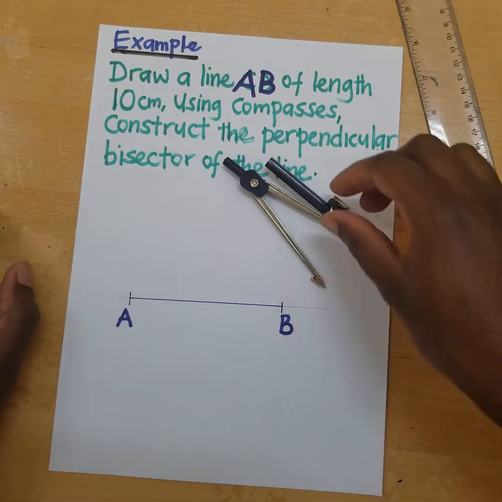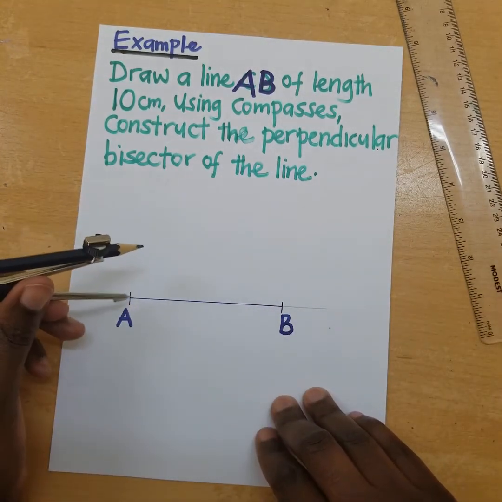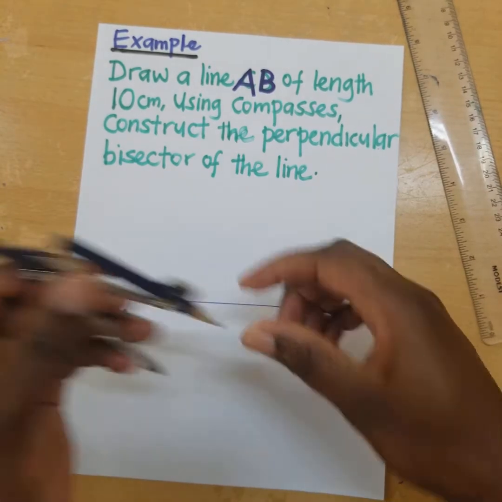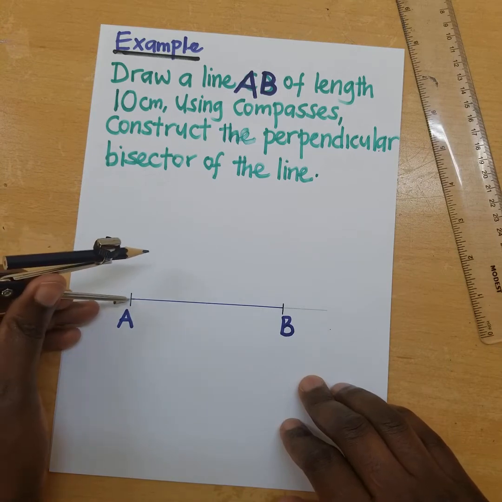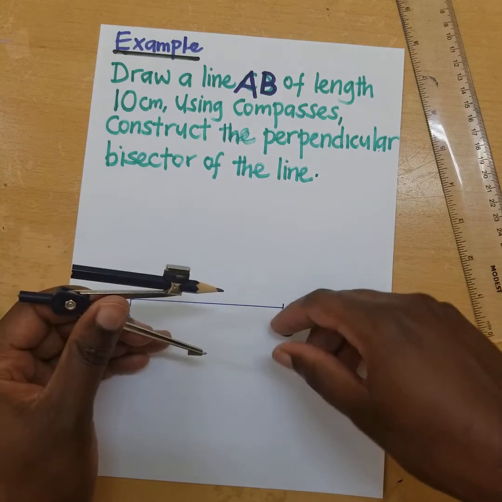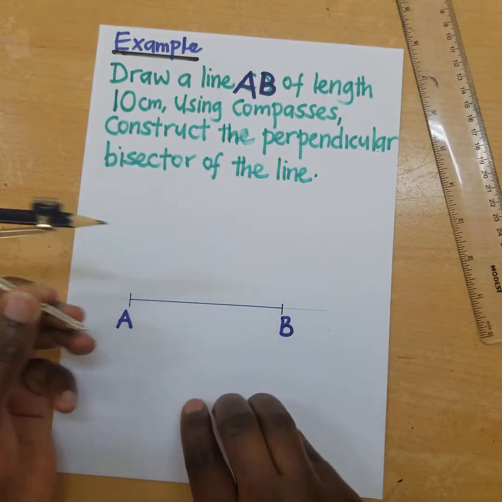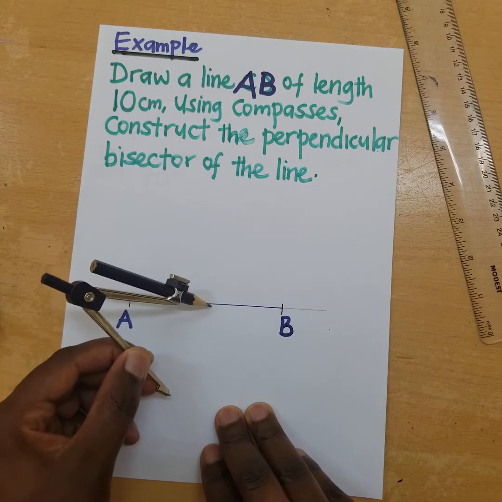Okay, this is our line AB. Make sure your compass is firm. So open your compass to any length that is greater than a half. For example, if we look at the length of AB, maybe a half is somewhere here, but I don't know.